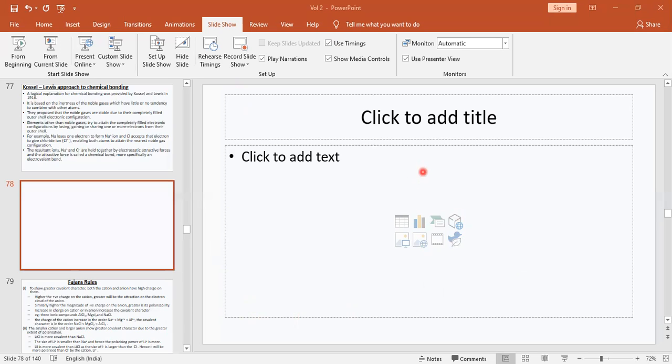The carbonate CO3 2 minus will have three resonance structures, because we all know how to calculate the valence electrons. First we have to check the outermost shell.